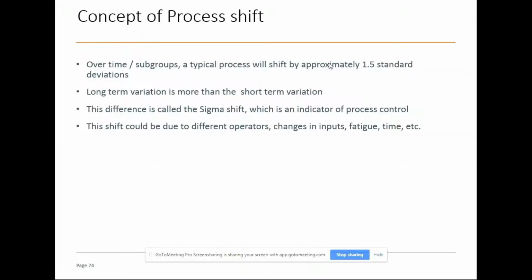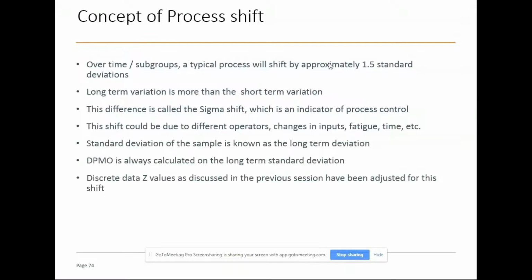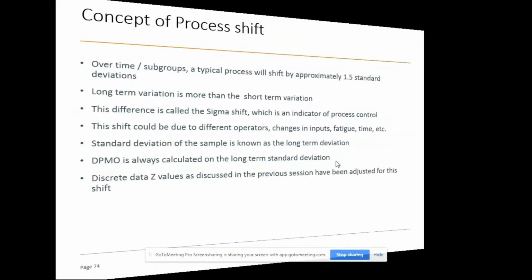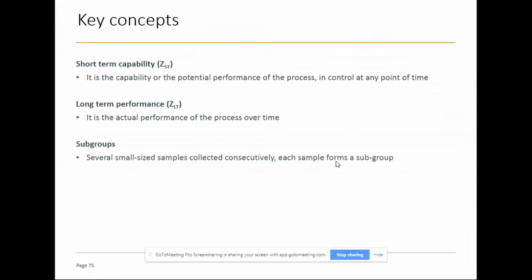What you need to do is add 1.5 sigma, or 1.5 standard deviation, to the long-term standard deviation to get the short-term sigma level. DPMO is always calculated on a long-term sigma, long-term standard deviation.